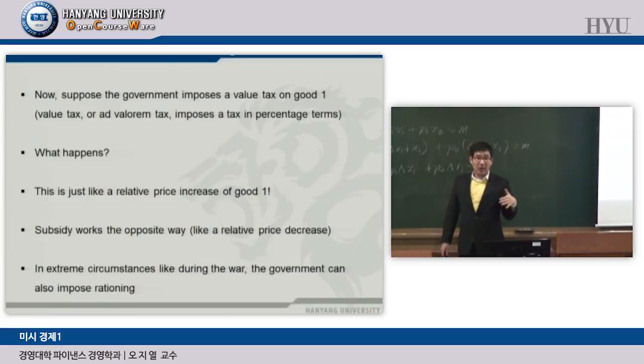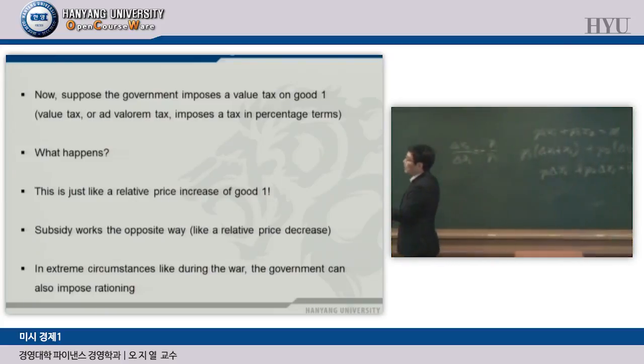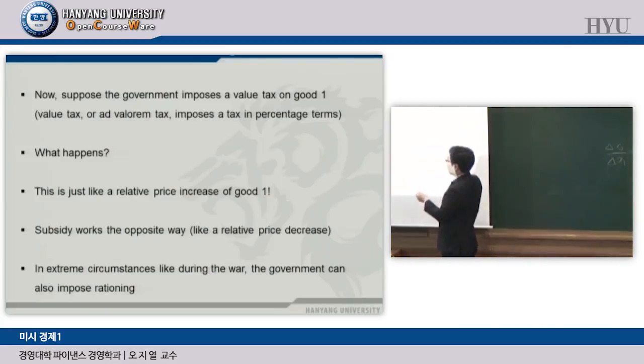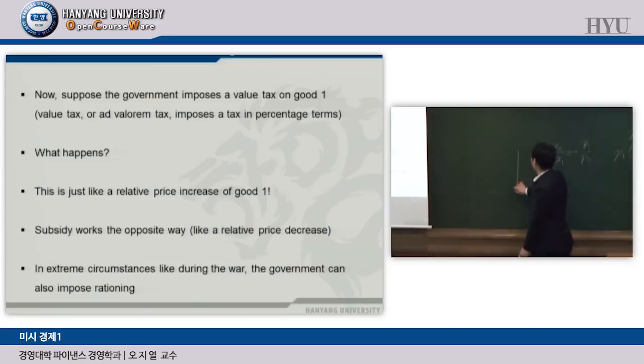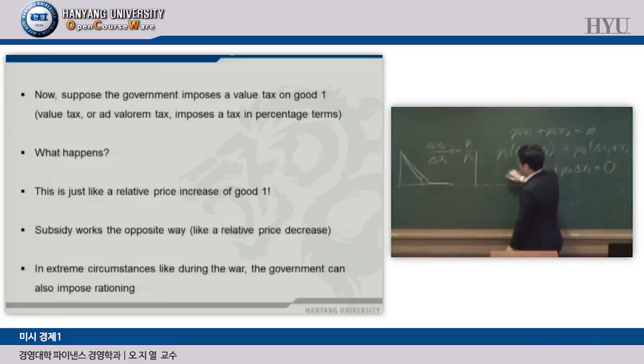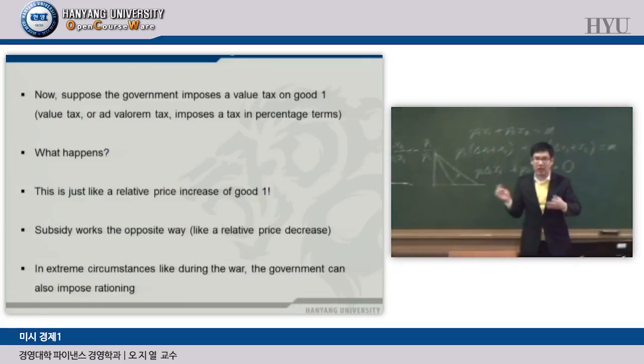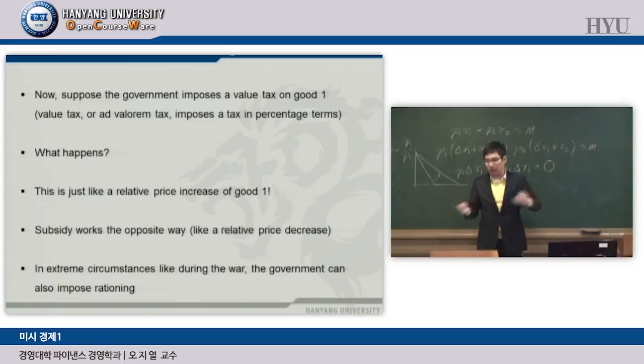A tax is like a price increase of that good. On the other hand, subsidy works the opposite way. It's like a relative price decrease, okay? So a tax, suppose that I'm only imposing tax on good one, then it would do this. If I'm subsidizing good one, then it will be like this. Just like a price increase or a price decrease.